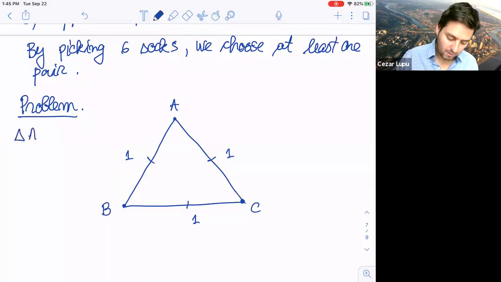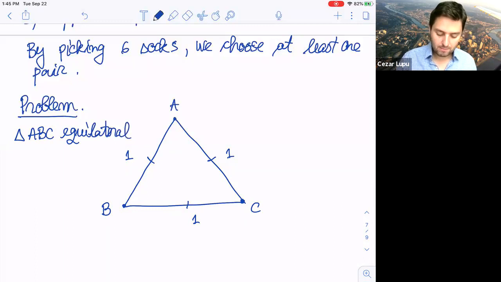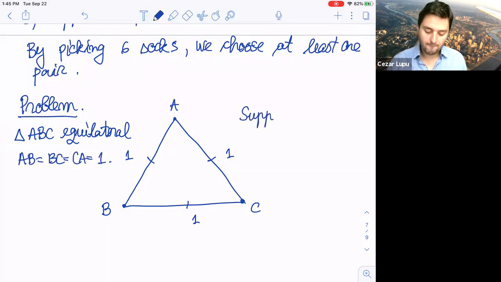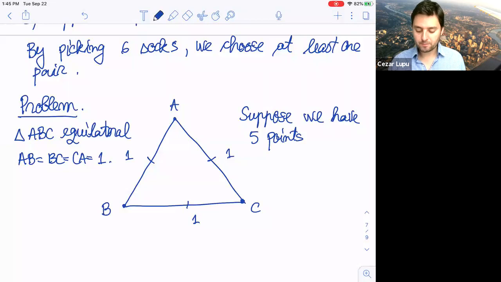Triangle ABC is equilateral. And suppose we have 5 points inside and on the boundary of the triangle.